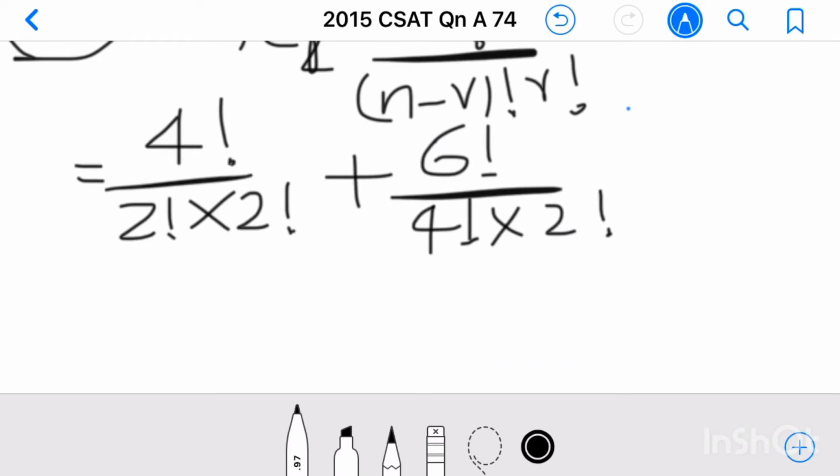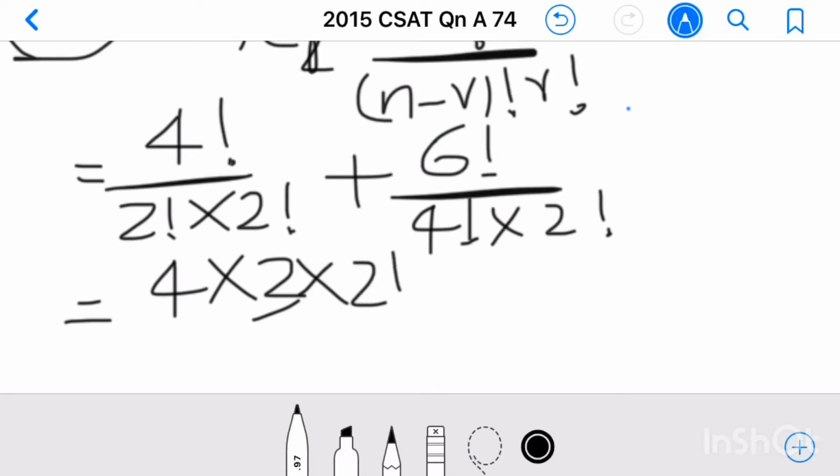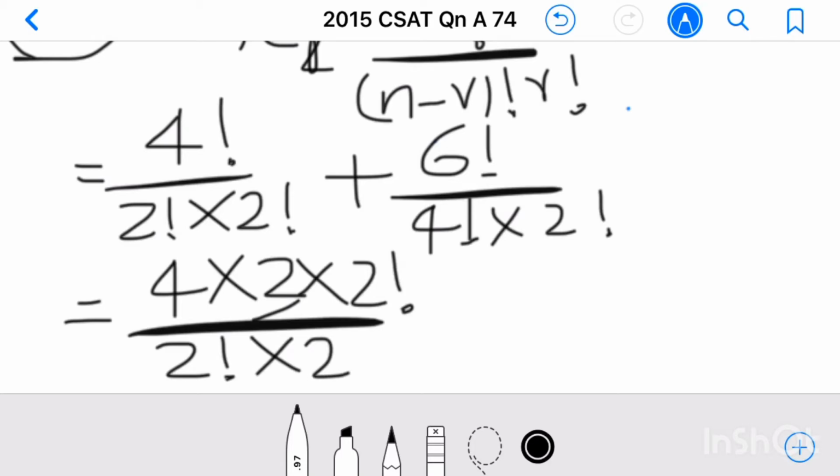Simplifying this, we can write 4 factorial as 4 into 3 into 2 factorial divided by 2 factorial into 2 factorial. 2 factorial equal to 2. Then 2 factorial cancelled. 2 2's are 4. So 4C2 equal to 2 into 3, 6.